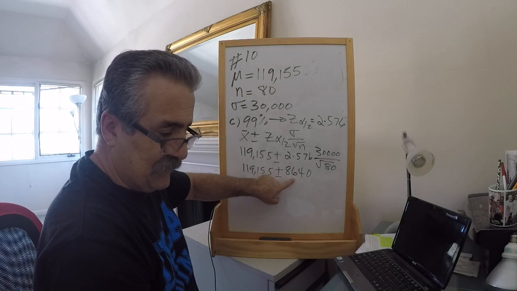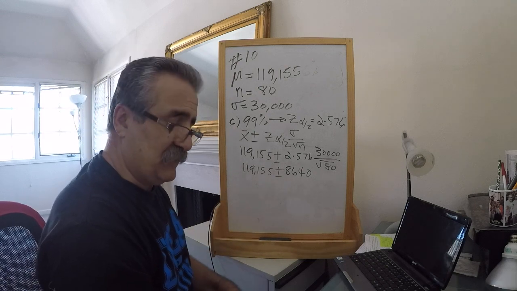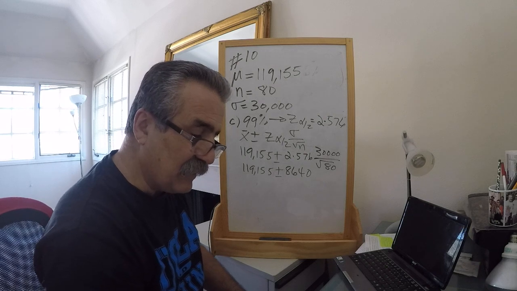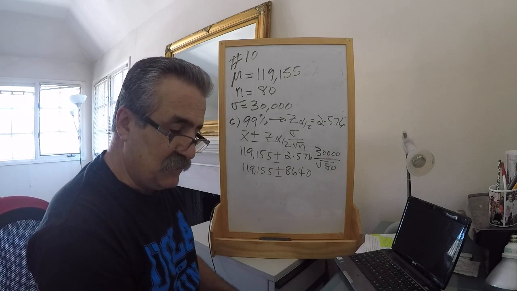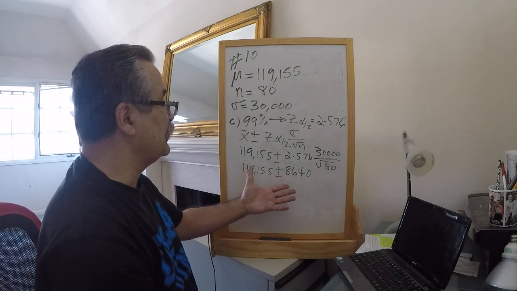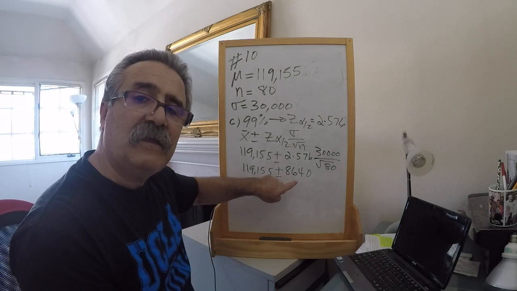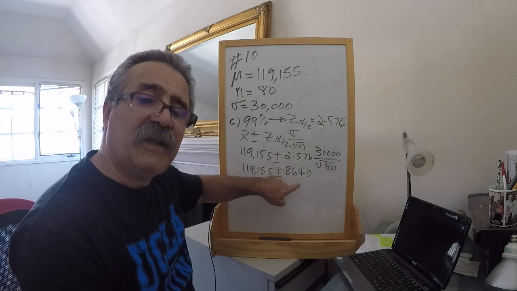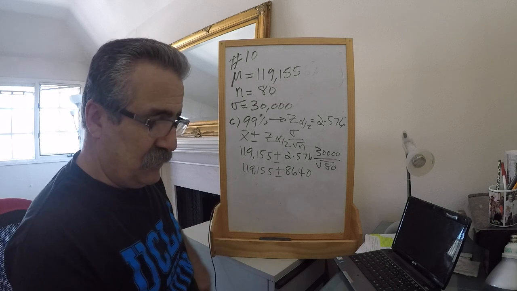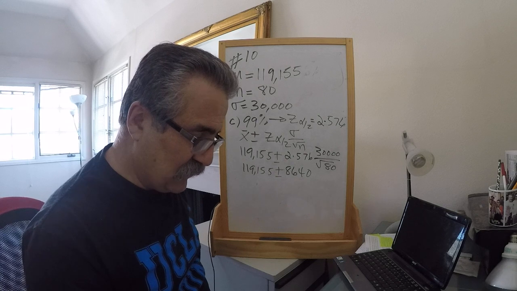When it was 90%, the margin of error was 5517. This result is reasonable because when you take a bigger chance, you have a larger possibility of making error. So that's for problem number 10, that someone said I probably had made a mistake on, and probably they are right.